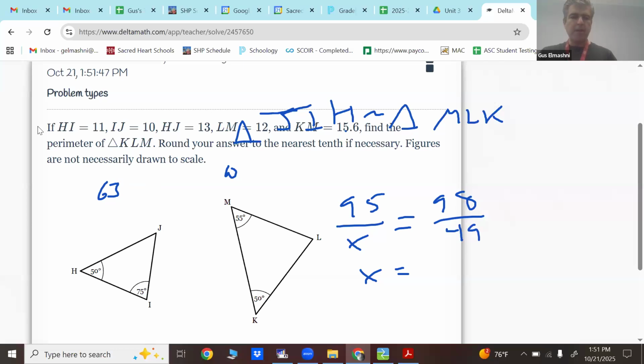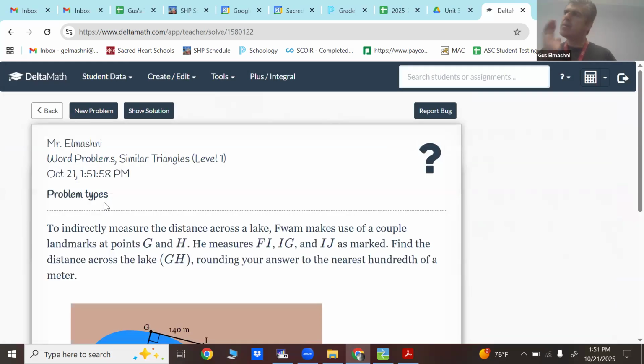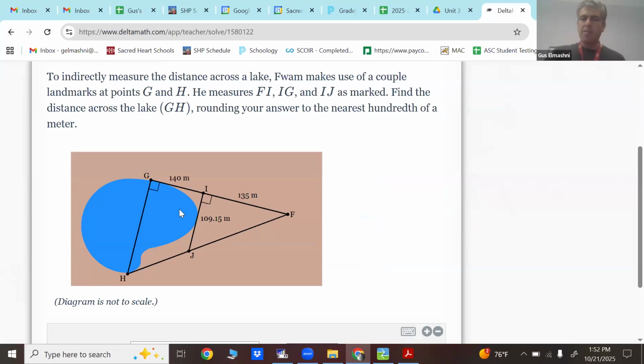So last one, the word problems. How was that? A little tricky, maybe, I don't know. Okay, what do they want in this problem? They want the length or width of the lake. Oh, in this case, GH. Yeah, so I'll call it x.